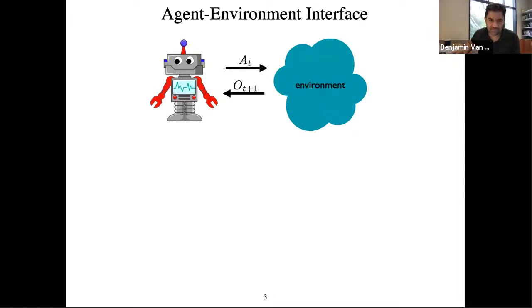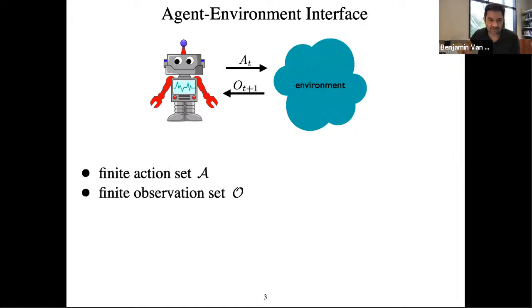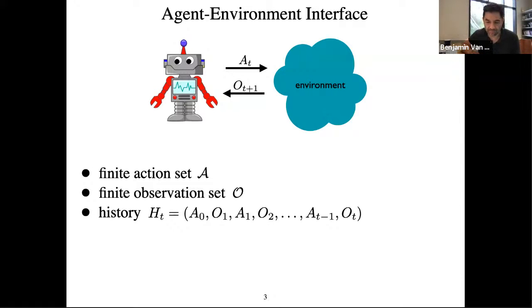To keep things simple, let's assume that we're dealing with a finite set of actions and a finite set of observations. The interaction through time t in this general reinforcement learning setup is encoded as a history, ht, which is a sequence of actions and observations experienced through that time. Okay, so this is the framework we'll be working with today.